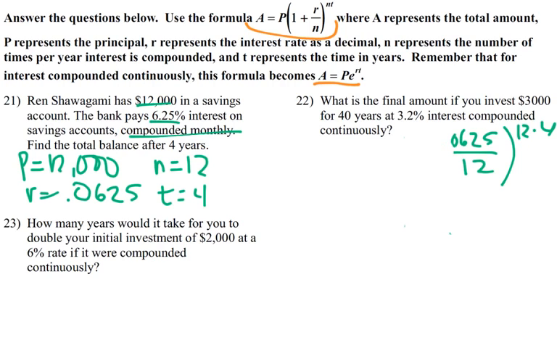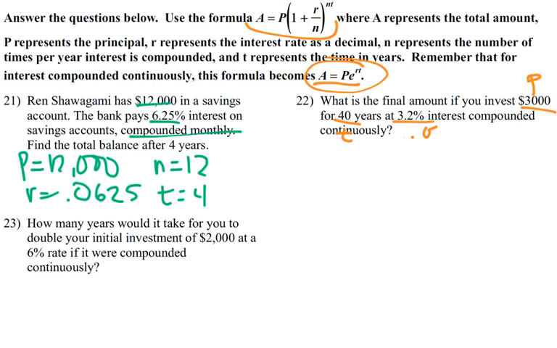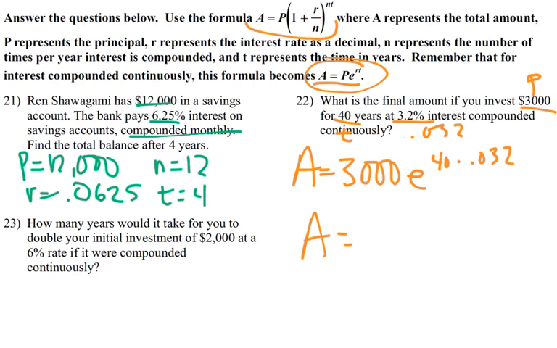Now, number 22. What is the final amount if you invest $3,000 for 40 years at 3.2% interest compounded continuously? So now we're using this guy. So our P is 3,000, T is 40 years, our rate is 3.2%, so 0.032. So I go A equals my principal, 3,000, times E, that special number, to the 40 times 0.032. So once again, put this in your calculator, okay?